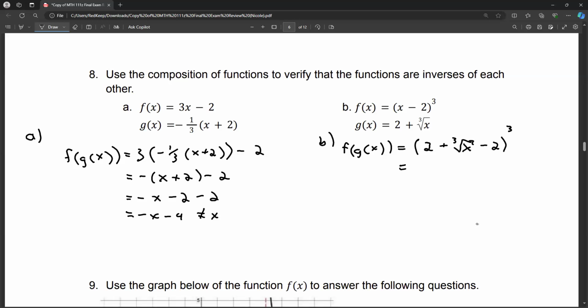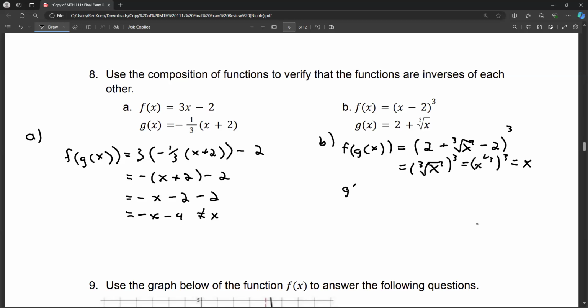So I'm left with the third root of x raised to the power of 3. One way we could look at this is as a rational exponent: x to the 1/3 cubed, which is just x to the 1, or x, which is perfect. So it passes the first test.